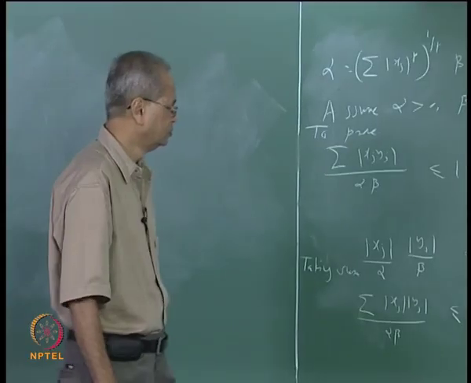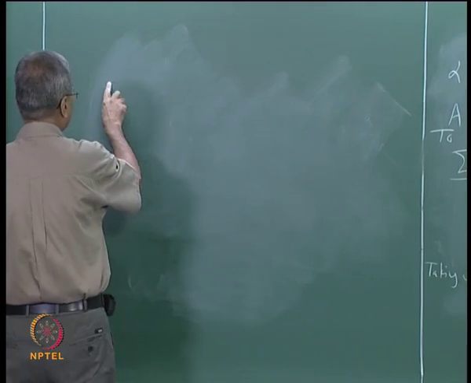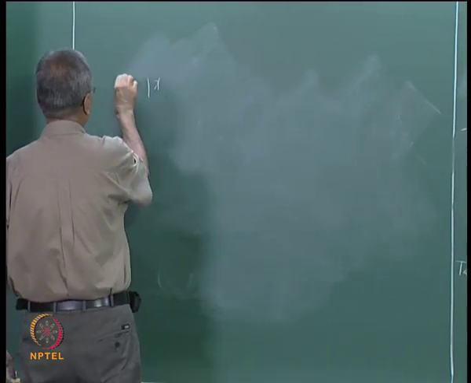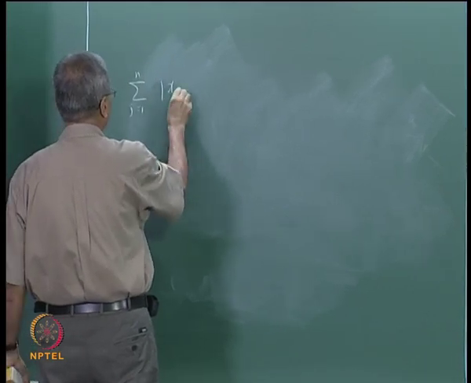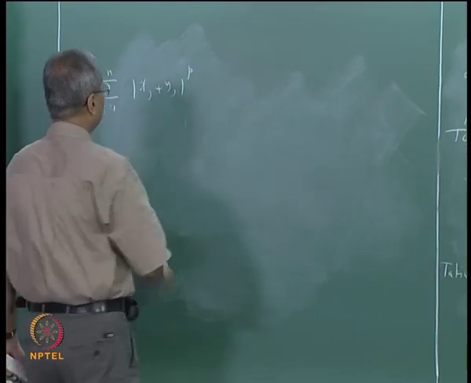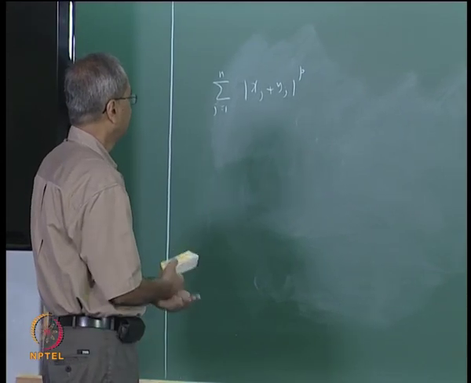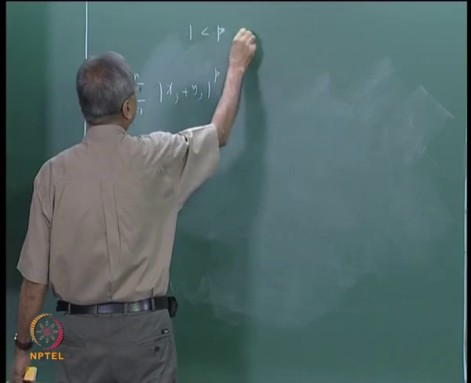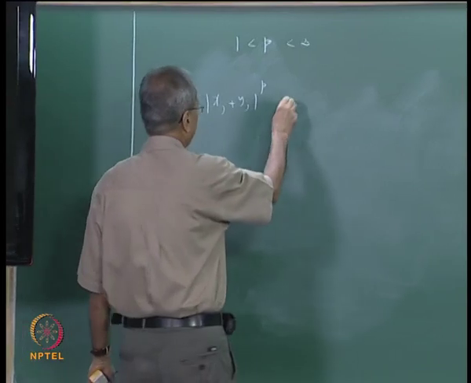So what we can start from is this: look at sigma j going from 1 to n, mod xj plus yj raised to the power p. Remember p is strictly bigger than 1, this is the case we are considering, 1 less than p less than infinity.